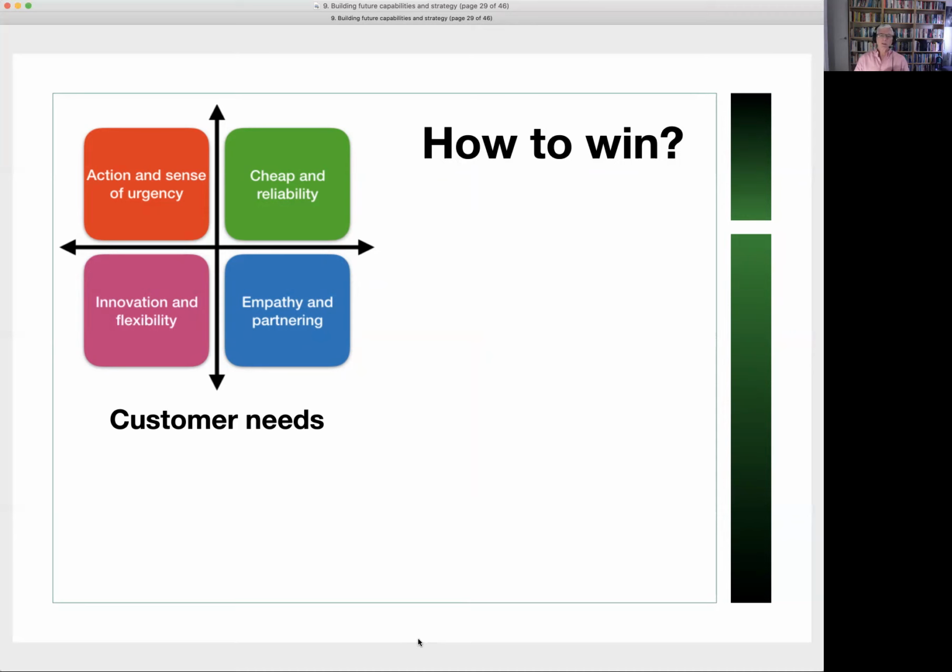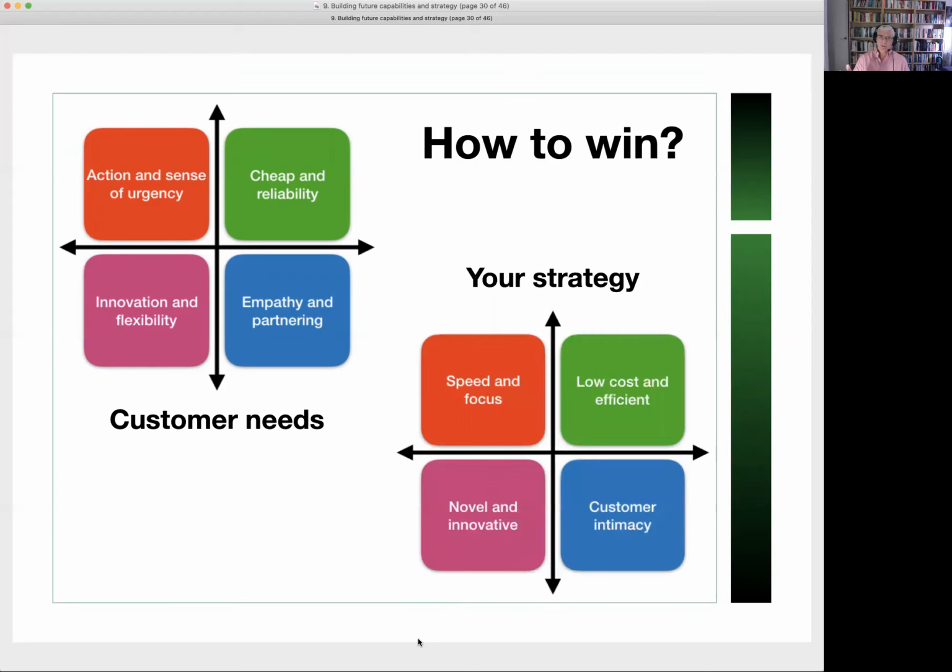But here's the thing that's pretty important. You find that the diagonal combinations rarely exist in one particular segment. People either wanted fast or cheap or empathetic or innovative. Because when you examine the strategies that match those, you have speed and focus, low cost and efficiency, customer intimacy, and novel and innovative solutions.